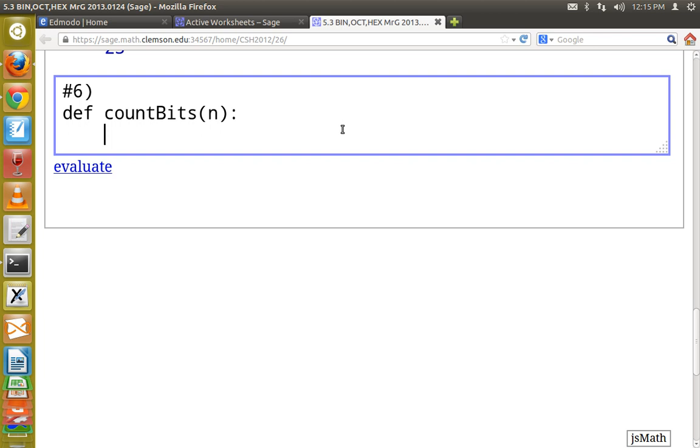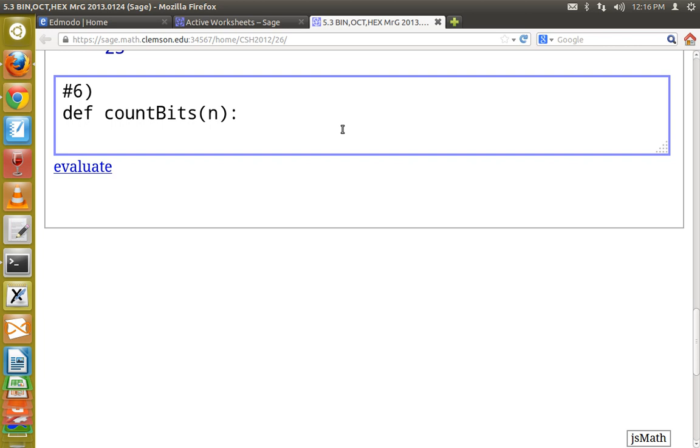Interesting. So now let me ask you again, what's n div 2? That is 6, right? How do you write 6 in binary? 110. Isn't that chopping off the last digit of 12, which is 1100?